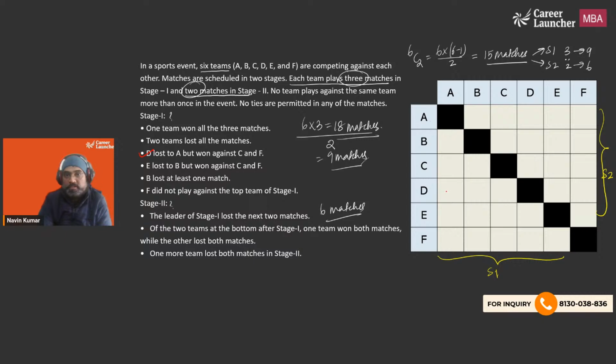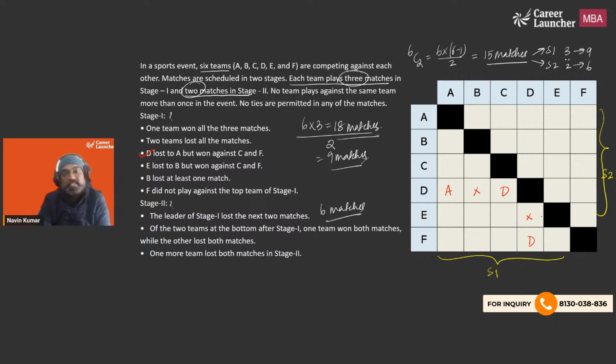Let's start from here. D lost to A, which means A won, but D won against C and F. So this is the match between D and C, D won. And this is the match between D and F, D won. D was supposed to play 3 matches. These are the 3 matches. So we will cancel out the matches that D is not supposed to play.